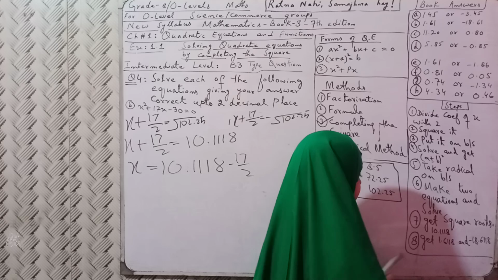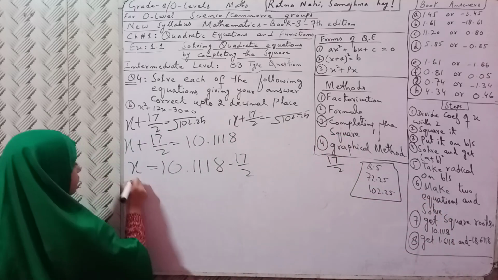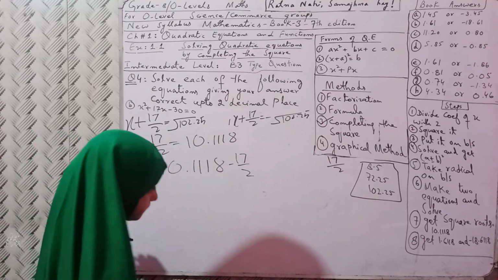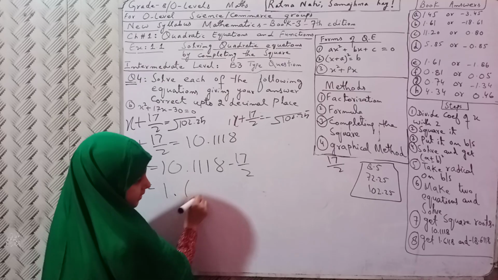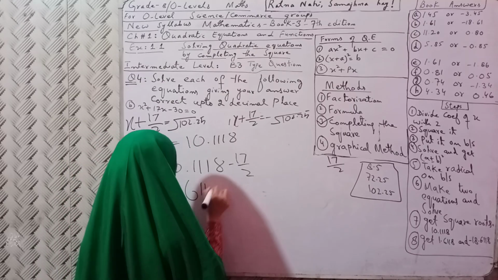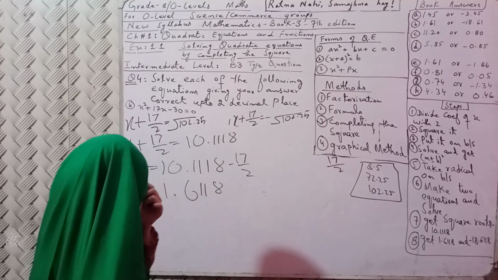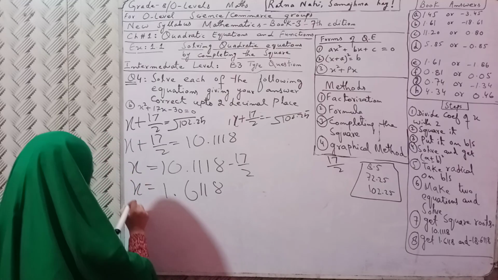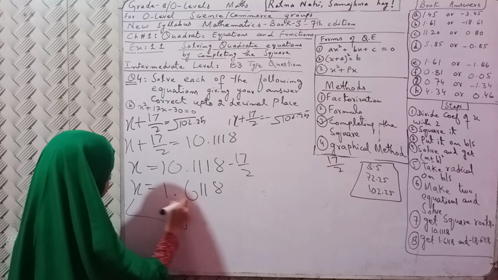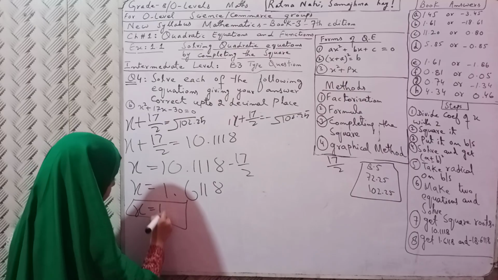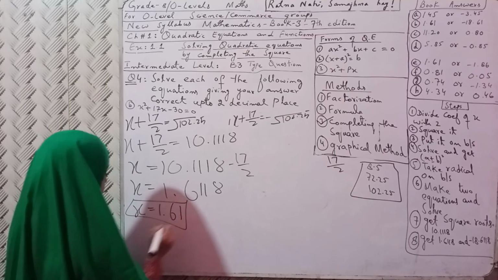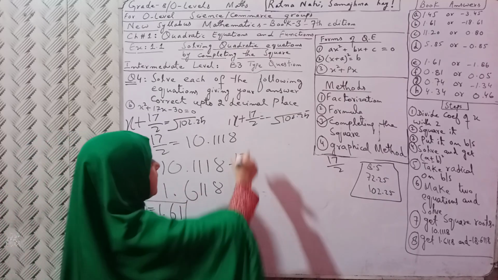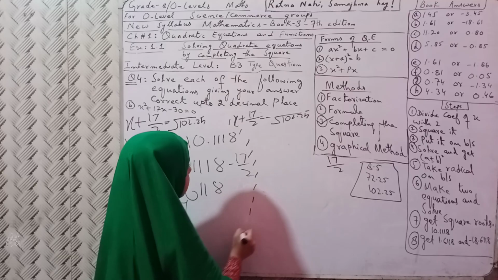Then we get 1.6118. So x is equal to 1.6118. We have done this. Then we have the first root, x is equal to 1.61. Now let's do the second root.